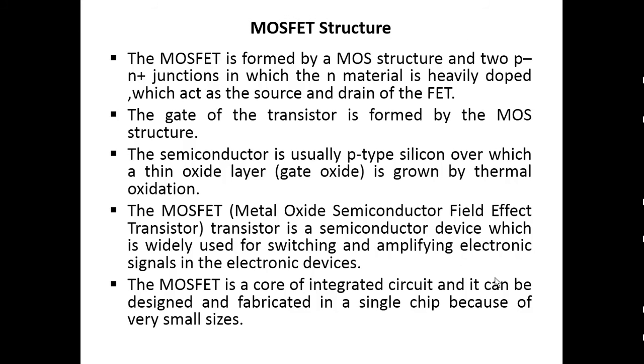The MOSFET is formed by a MOS structure and two junctions in which the N material is heavily doped, which act as the source and drain of the FET. So this device has a MOS structure with lightly doped P-type material and two heavily doped N-type junctions.